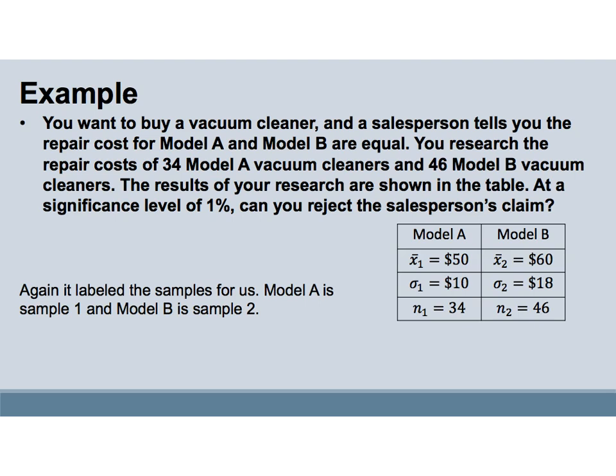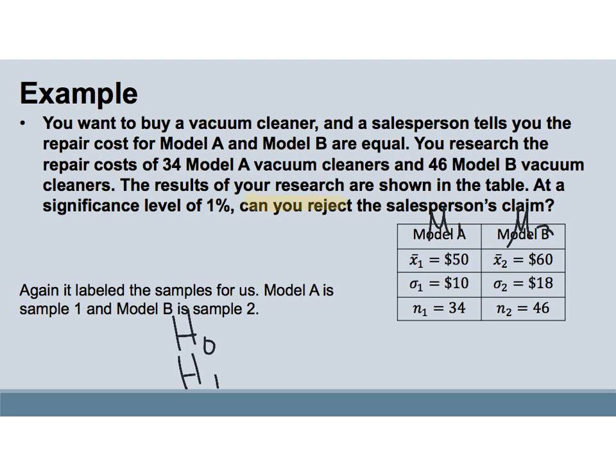Okay, we got to write the null and alternative. I didn't leave myself that much room on this one, so I'm going to write over this just a little. Again, it gave it to you in a real nice little table. Again, it won't do that, so make your own nice little table. They decided that Model A was the first sample and Model B was the second sample. And it wants me to test the claim that... What did the salesperson claim?